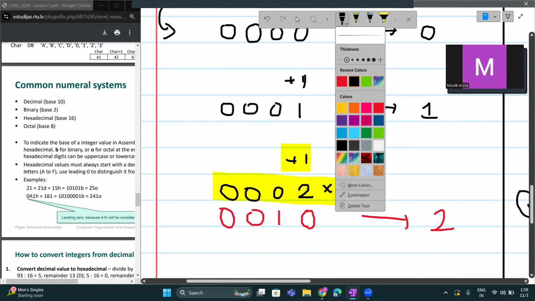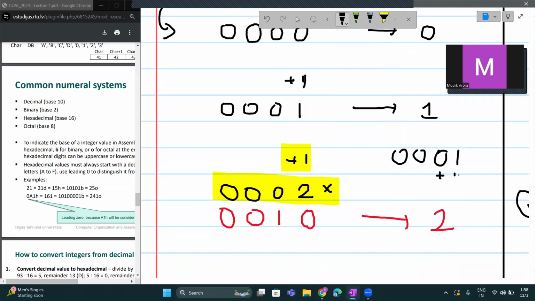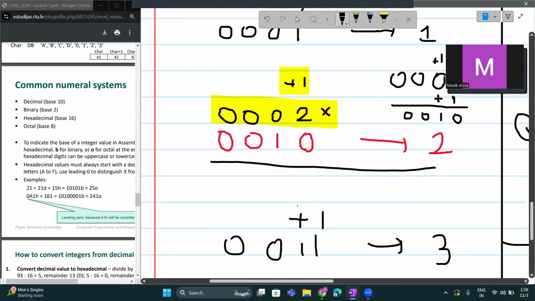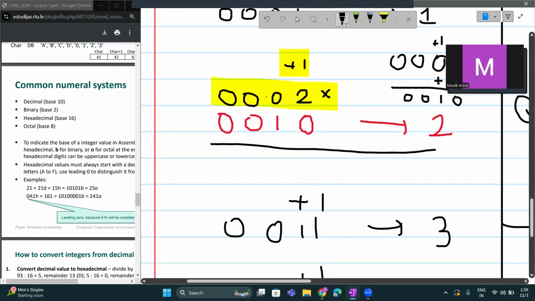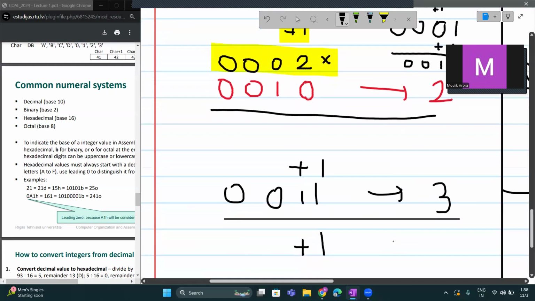So what we do is, when we add 0 0 0 1 plus 1, 1 plus 1 becomes 0, and 1 gets carried on to the next higher order. This becomes 0 0 1 0, which is 2. When we add another one, we can directly add here, because 0 plus 1 is 1. It becomes 0 0 1 1, which is 3.